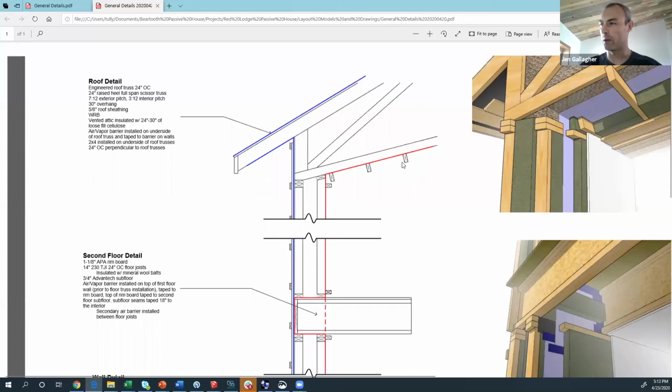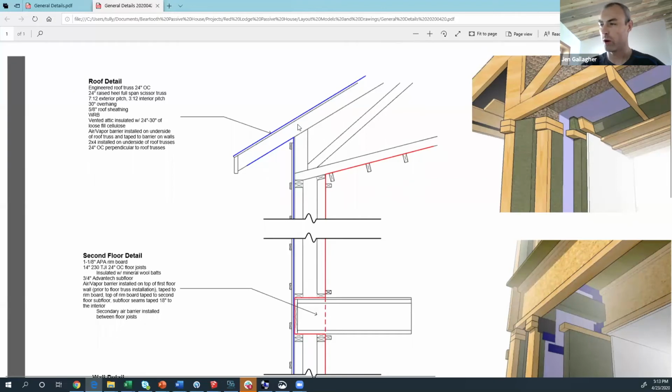Our air barrier wraps on the bottom of those scissor trusses. And then we have 2x4s that are installed perpendicular to the roof trusses to form that service cavity that we can run all of our ventilation and such in.